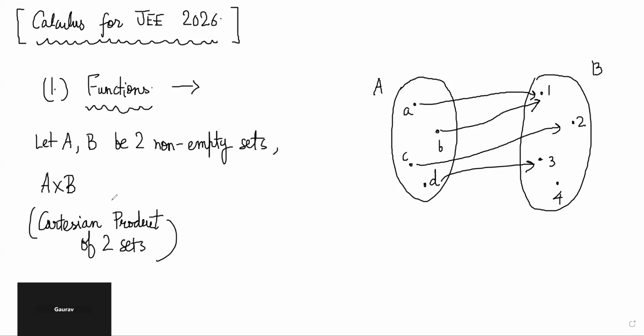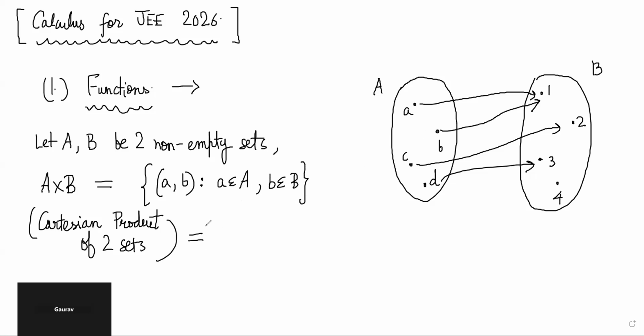Do you know what Cartesian product is? Yes, sir. Basically, it is the set of ordered pairs where the first element is from set A and second element is from set B, right? So we can make (a, b) such that a belongs to set A and b belongs to set B.